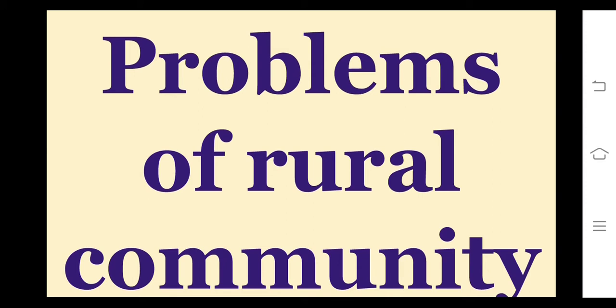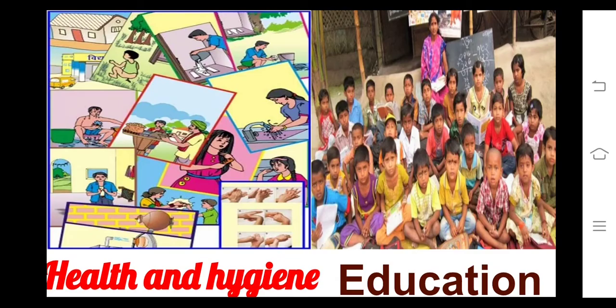The rural people are facing many problems in their community. We will see what are the problems faced by these rural community people. The most important is health and hygiene problem. There is no good health for them, nor proper hygiene things to be maintained.